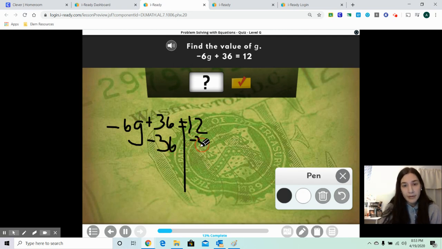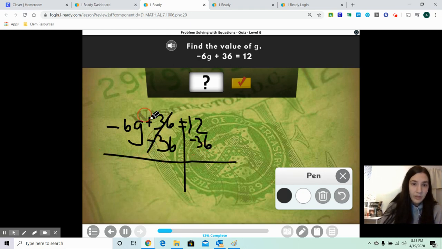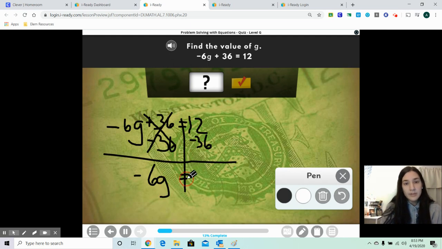Subtract 36. Bring down negative 6g equals 12 minus 36.